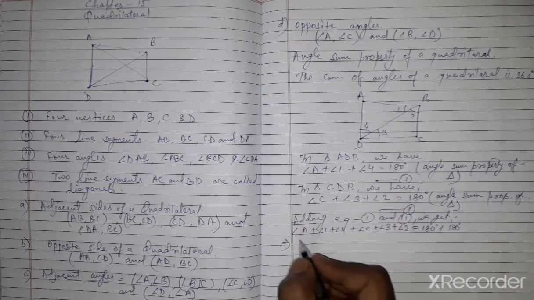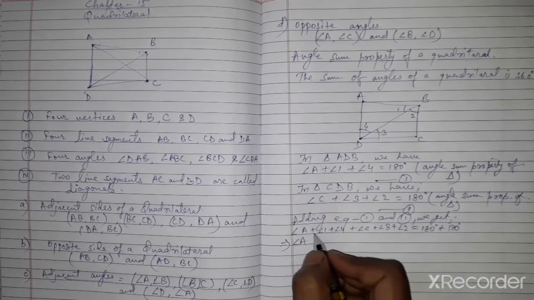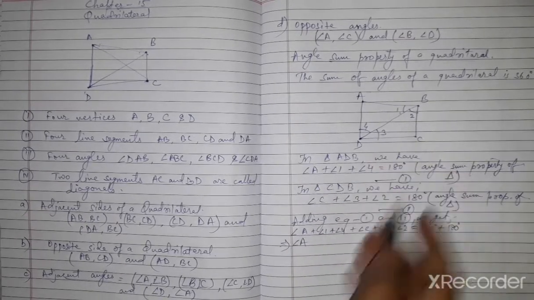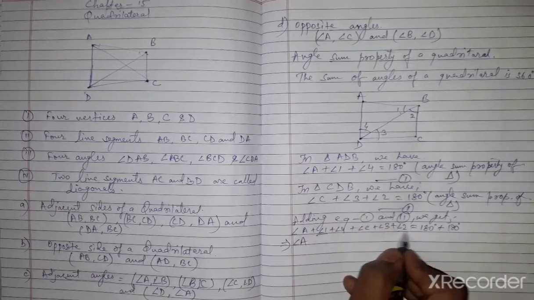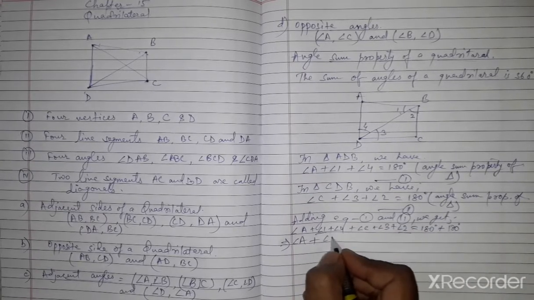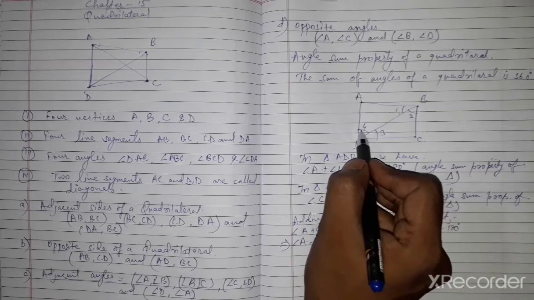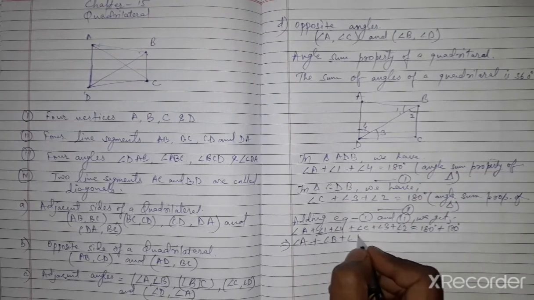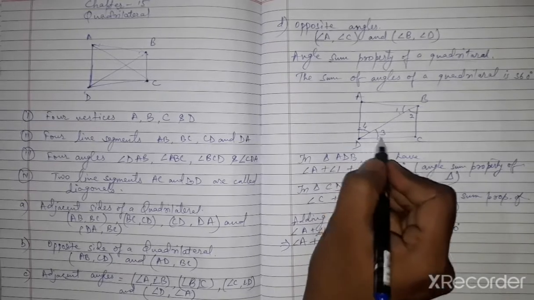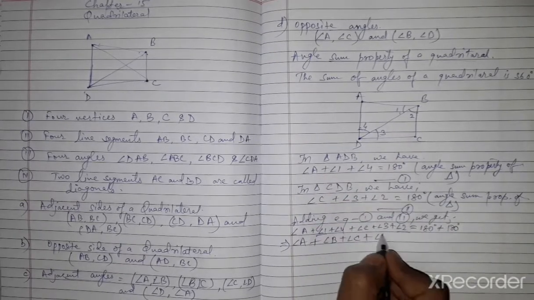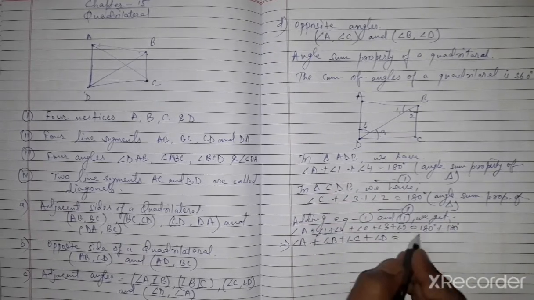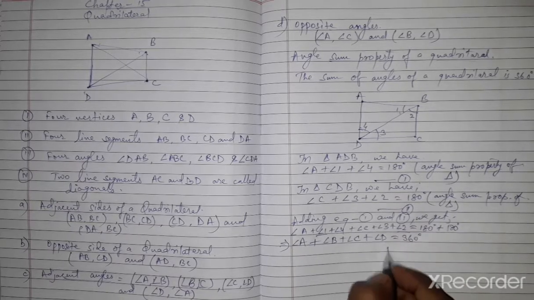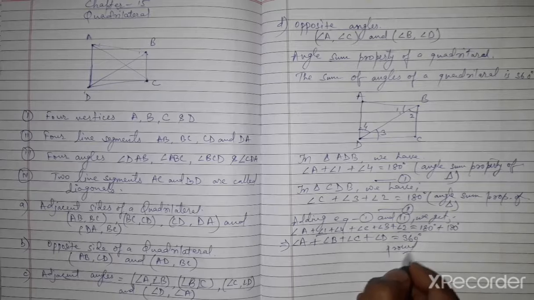Now you can see angle 1 plus angle 2 becomes angle B, and angle 4 plus angle 3 becomes angle D, is equal to 180 plus 180 becomes 360 degrees, hence proved.